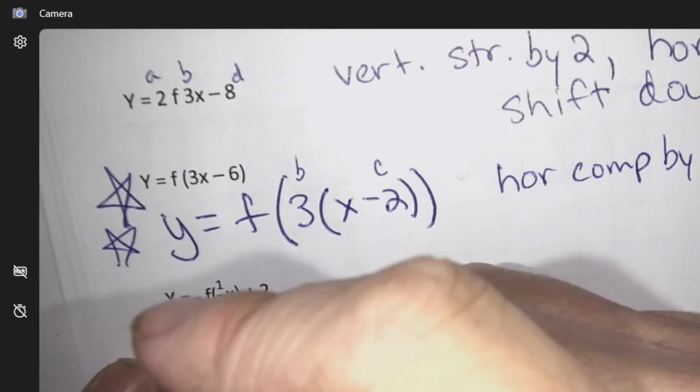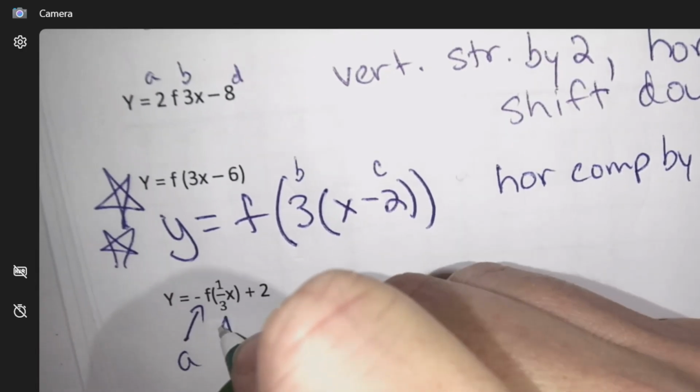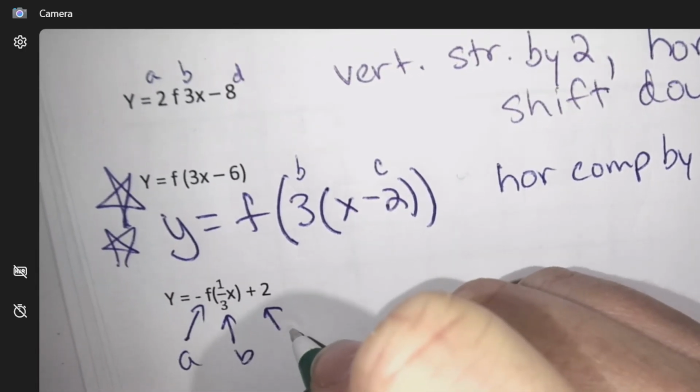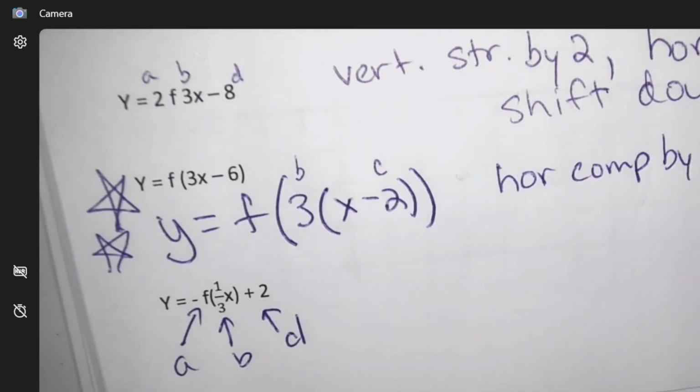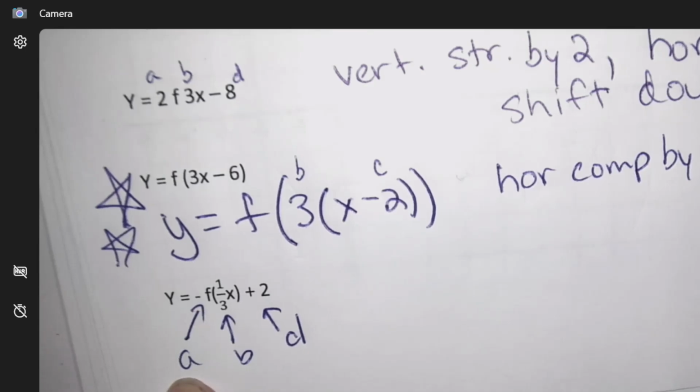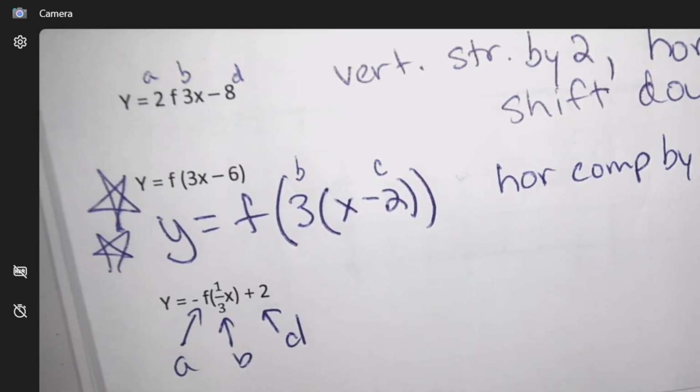All right, last one. We have an A, we have a B, and we have a D. Do you recognize those values? Starting to say, oh yeah, that's for sure the D position. Okay, so the A, negative. There's a reflection. What do you guys like to write?